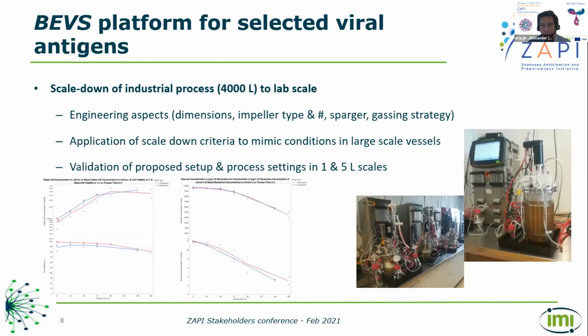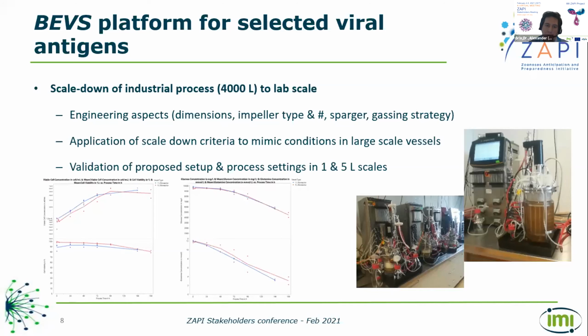Once we saw we were actually able to produce, we were also looking, of course, into the production system, which is a classical stirred tank bioreactor, as you can see here. Here, of course, lab version in glass. In production, it would be either stainless steel or single use. As I just mentioned, there are established scale down, scale up parameters, let's say, criteria.